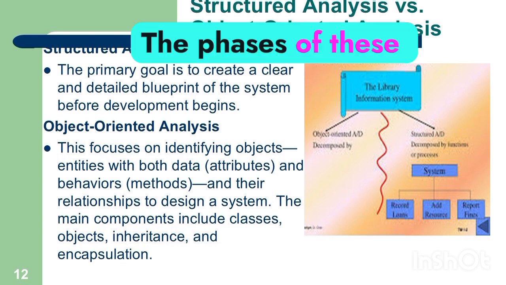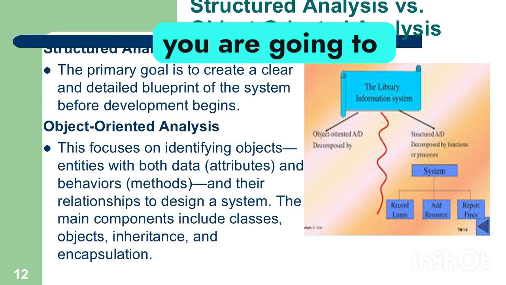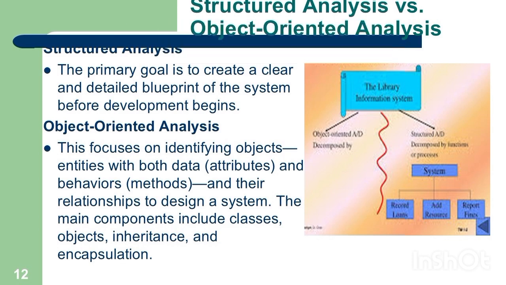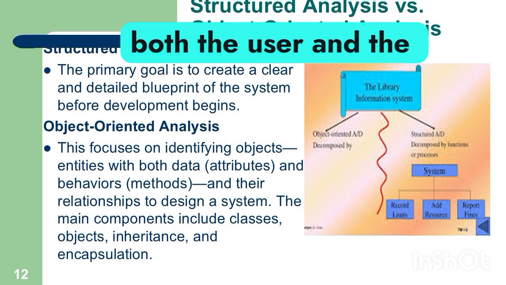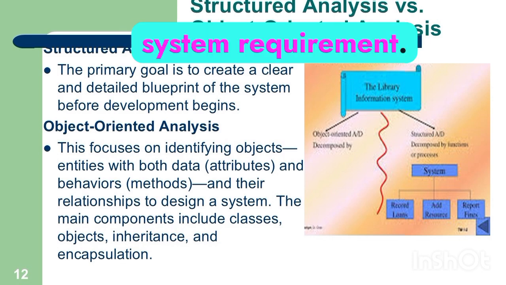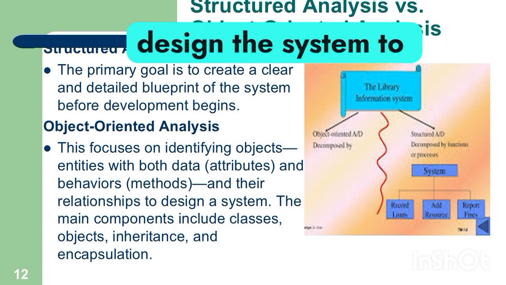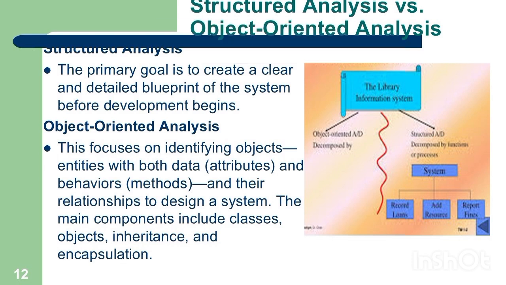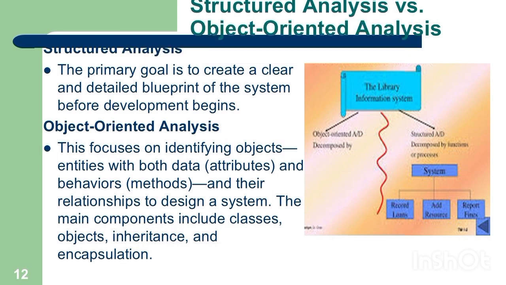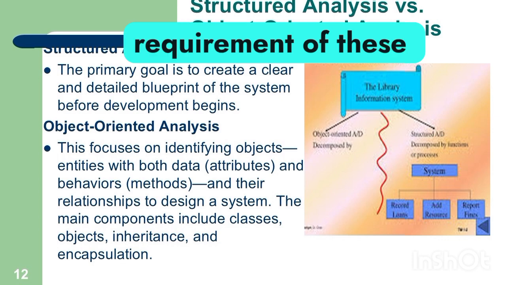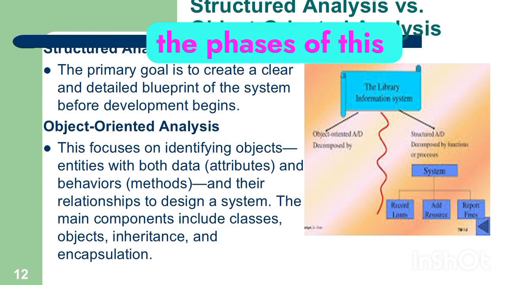The phases of this development include, you are going to conduct a feasibility study. After you have taken care of the study, you look at the requirement of the system, both the user and the system requirement. You are going to design the system, you implement, you now go about reviewing the system. That is the phases of this development.